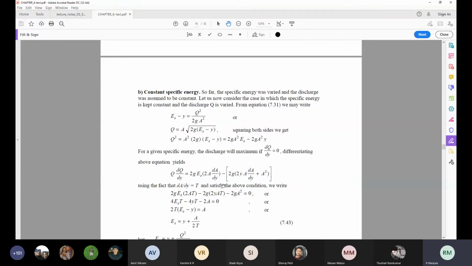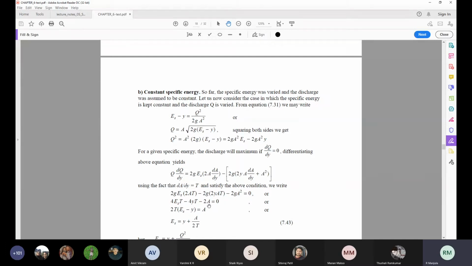What I am going to assume here is that dA by dy is replaced with T. T is the top width, as we have already discussed. Now replacing dA by dy by T, you will get 2g Es 2AT minus 2g 2y AT minus 2g A square equal to 0.